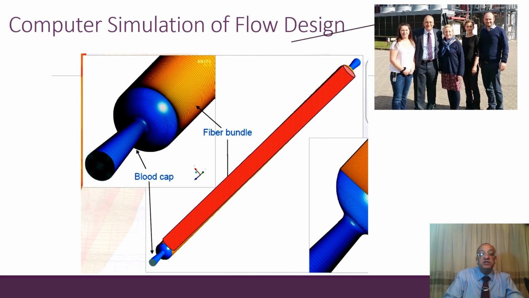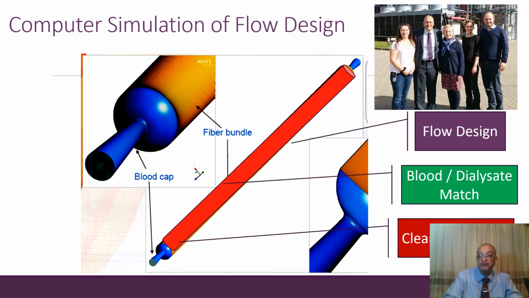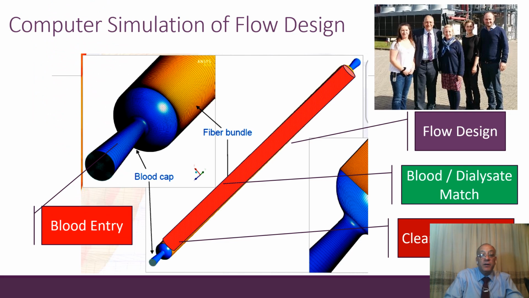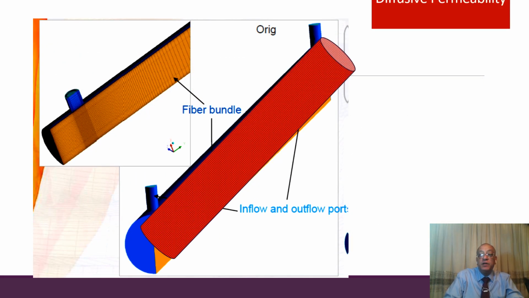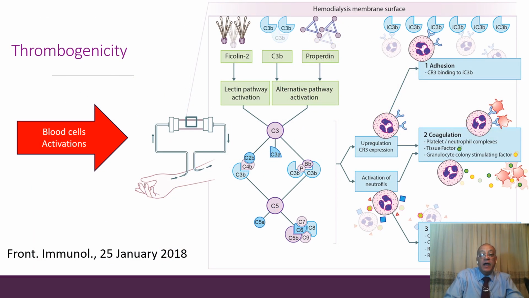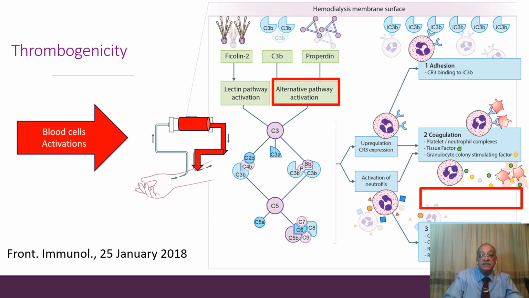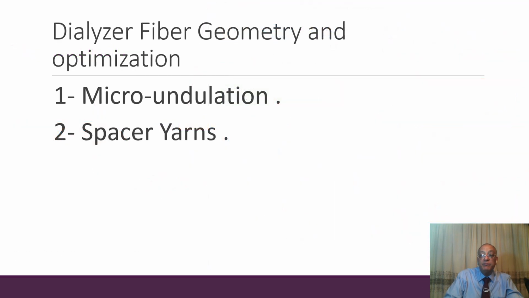This is the technology of computer simulation. You can improve that efficiently, and you can use a computer model to see how much is improved. And you know that thrombogenicity is a hallmark of the dialyzer, and we should avoid that completely with more and more biocompatible dialysis membranes.